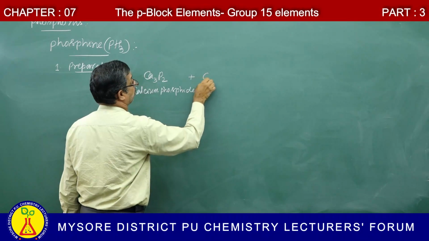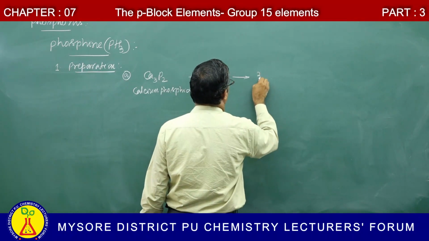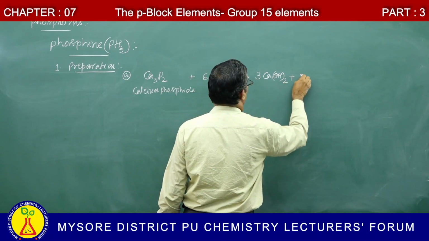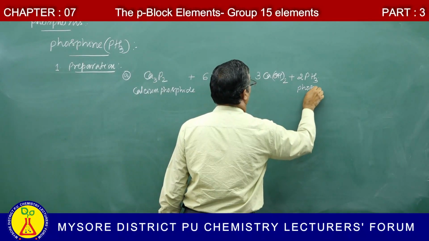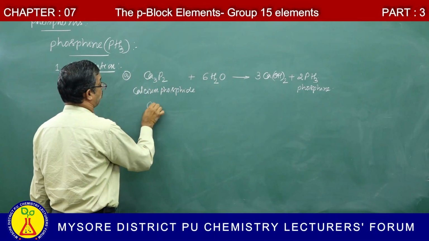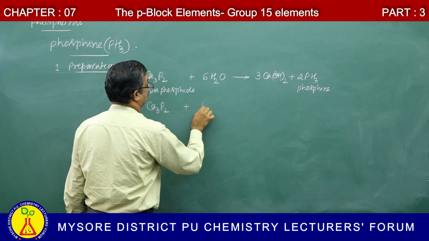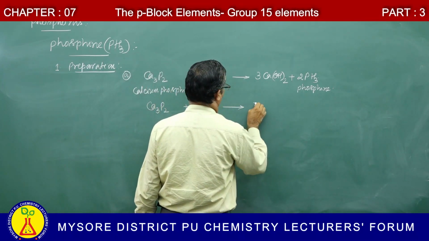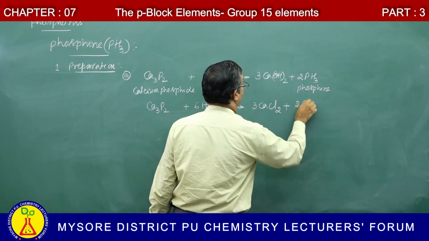When it is treated with water, we get 3 Ca(OH)2 plus 2 PH3. This is phosphine. Similarly, it can also be obtained by treating calcium phosphide with dilute HCl. Here we get 3 CaCl2 plus 2 PH3.